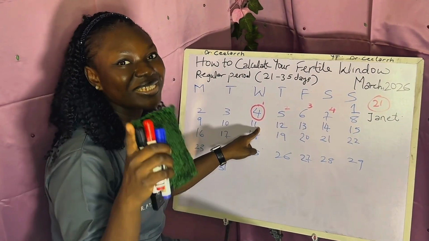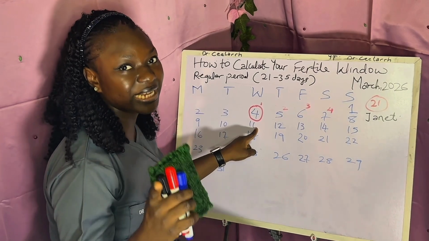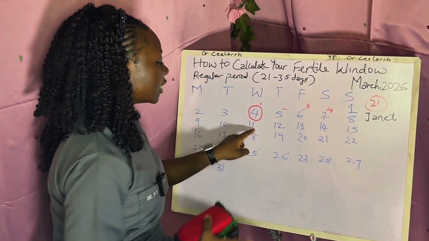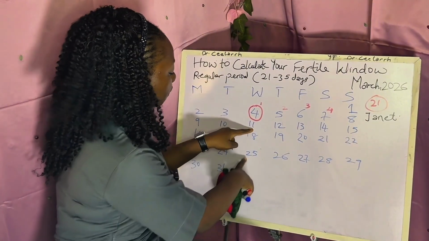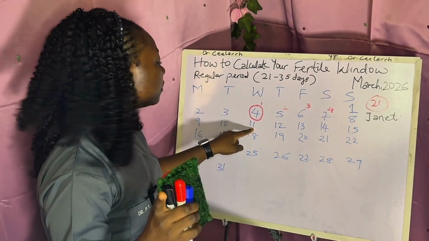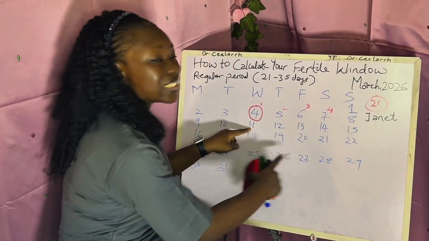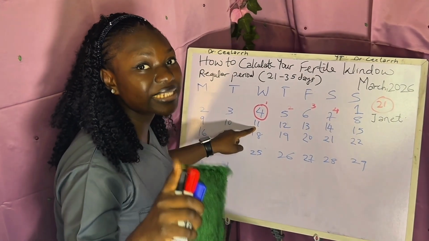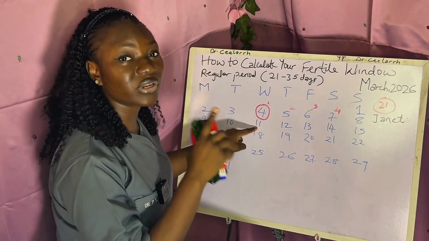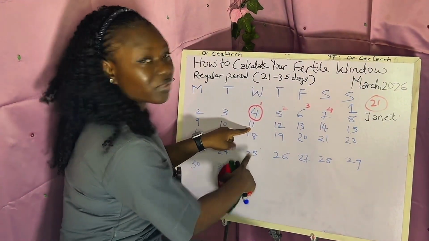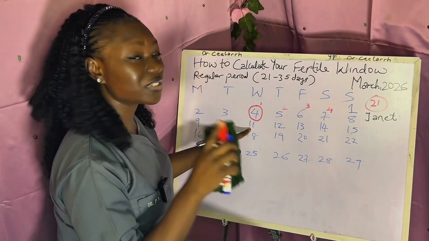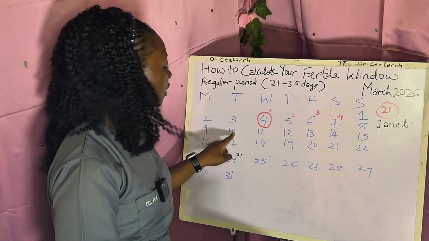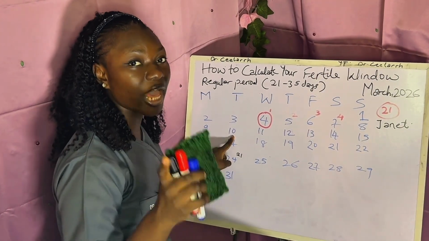Now, we are tempted to take the 11th as our 14 days, but it's not this 11th that is going to be our 14 days before the next menstrual cycle. That is because you're supposed to have 14 complete days in between the likely ovulation date and the beginning of the next menstrual cycle. So if you take it that way, you know that your answer for the likely ovulation date is the 10th of March. I hope I'm not confusing you.